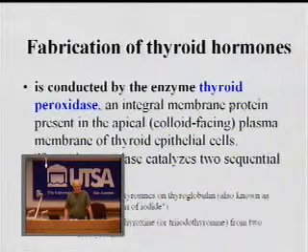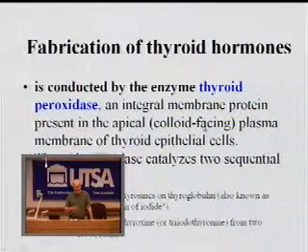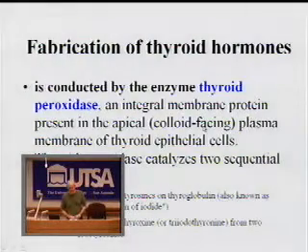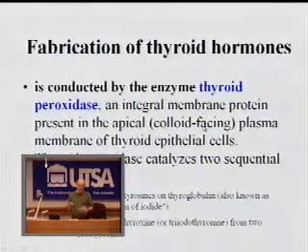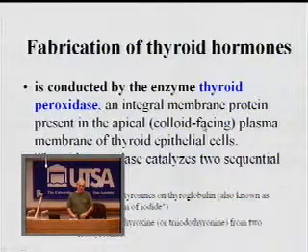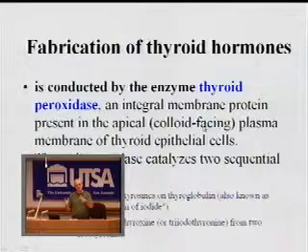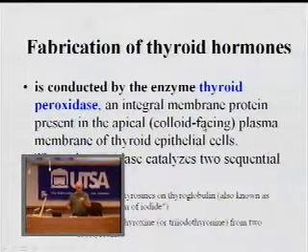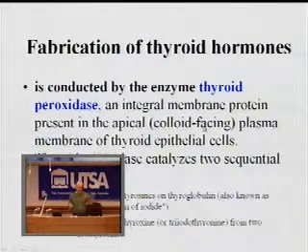I'm sorry, I was wrong. I said that the symporter was on both basal and apical. It's only on the basal because sodium is higher concentration outside, so you get the concentration gradient driving it in with that sodium iodide symporter on the basal membrane. So this is actually an asymmetrical distribution of membrane proteins for the movement of iodide in at the basal and then out at the apical membrane.